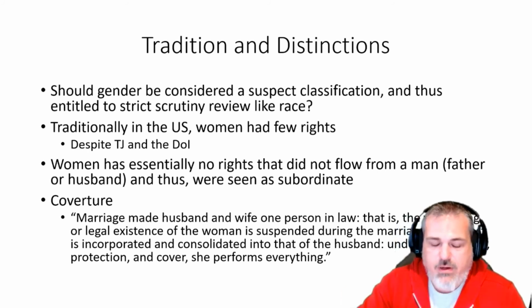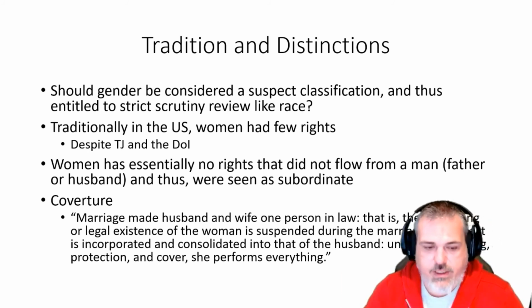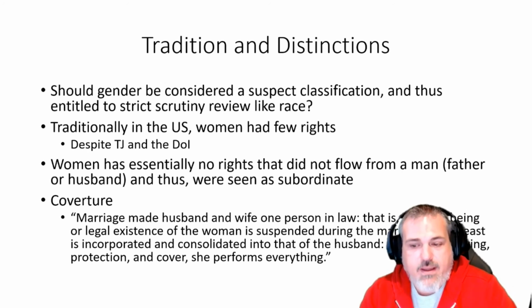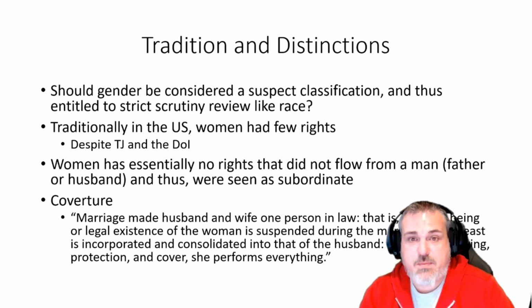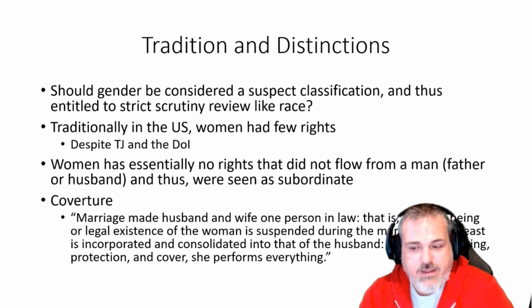So Blackstone gives us a nice definition of coverture, Blackstone's legal dictionary. And what it says is that marriage made husband and wife one person in the law. That is, the very being or legal existence of the woman is suspended during the marriage, or at least is incorporated and consolidated into that of the husband, under whose wing, protection, and cover she performs everything.